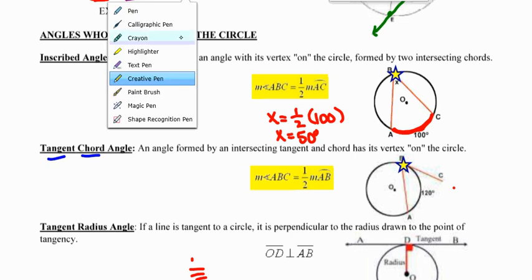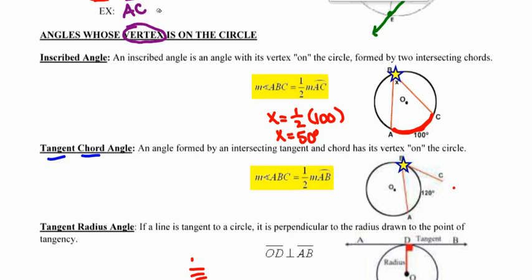So if I look at that picture, the angle is going to be angle ABC. The arc that's intercepted by that angle is the arc that lies within that angle, or 120 degrees.